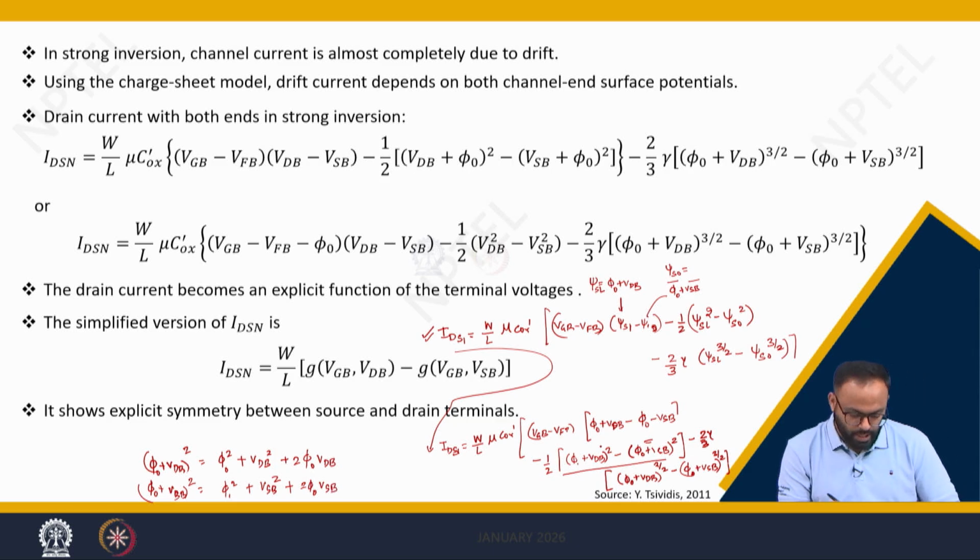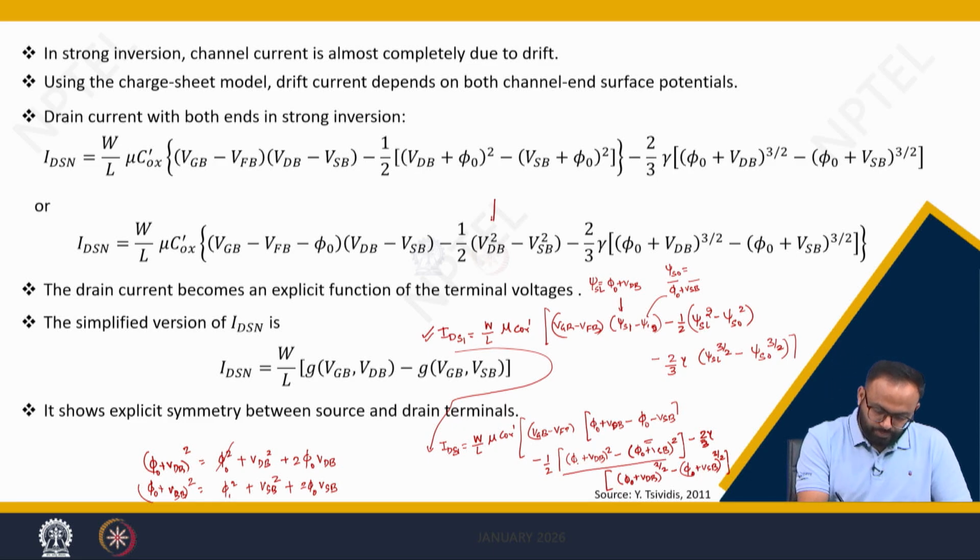When you put this here, you will see that the phi naught square terms cancel out, and you will be left with this equation, where one term will obviously come as minus 2 times phi naught into VDB minus VSB, divided by 2, where this 2 and 2 get cancelled, and you can simply separate out VDB minus VSB as one parameter and keep phi naught inside this bracket.